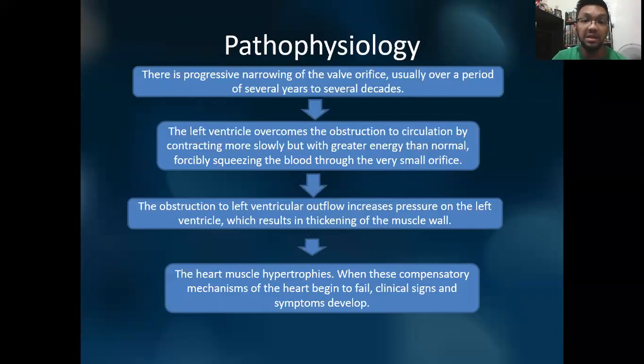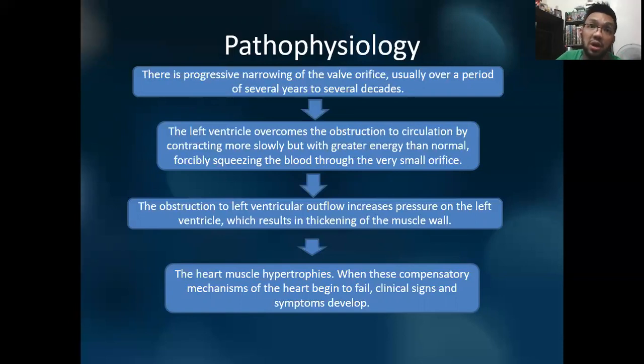So it forcibly squeezes the blood through that very small orifice. The left ventricle will try to force it out of that very small orifice. And that obstruction to the left ventricular outflow in turn increases pressure on the left ventricle, which will later on lead to hypertrophy.